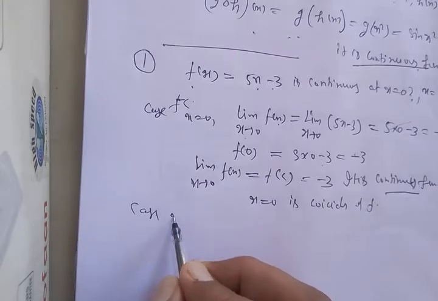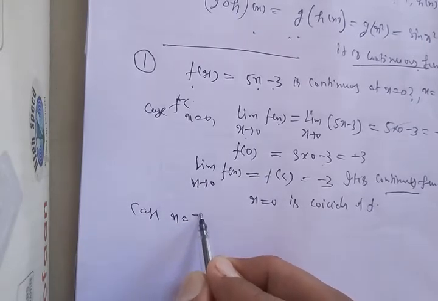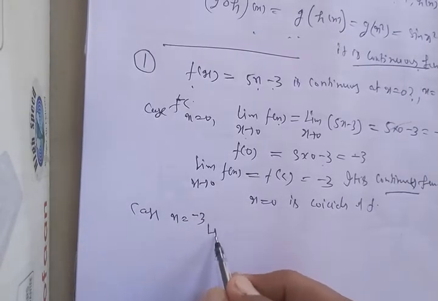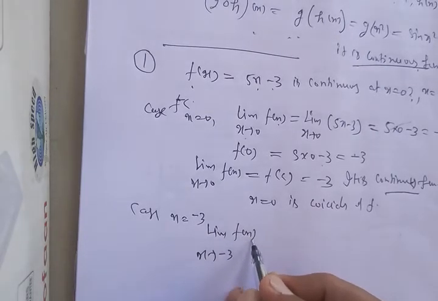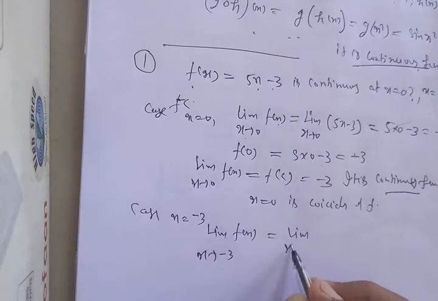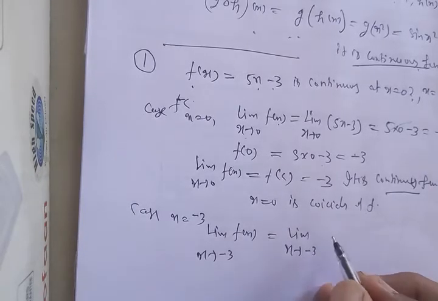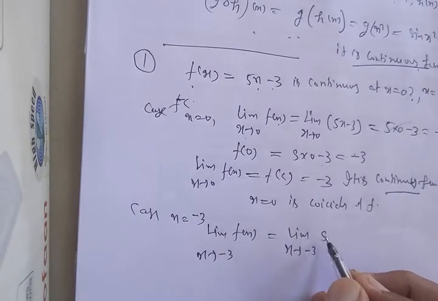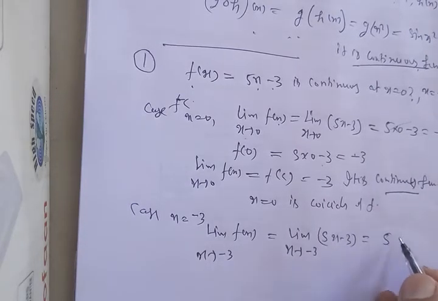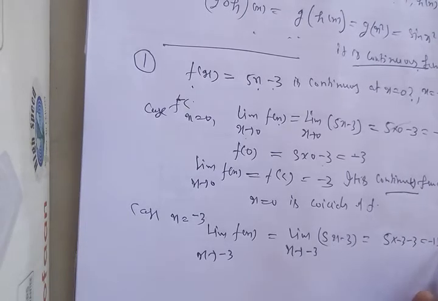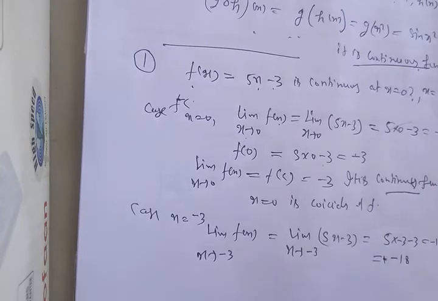Second case, x equal to minus 3. Limit x tends to minus 3 of 5x minus 3: putting the value minus 3, 5 into minus 3 minus 3, minus 15 minus 3 equals minus 18.